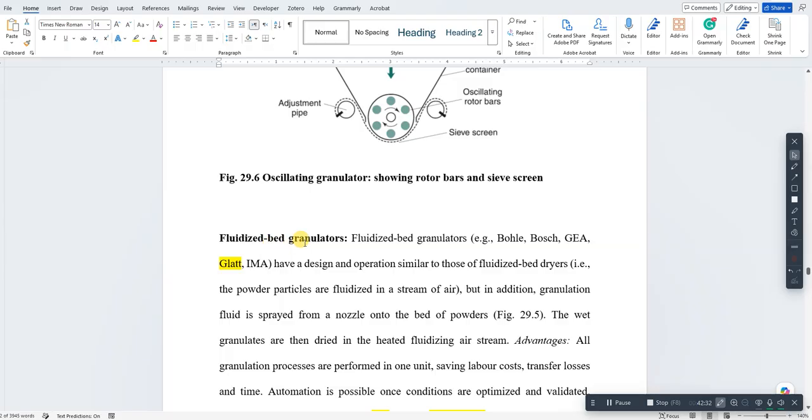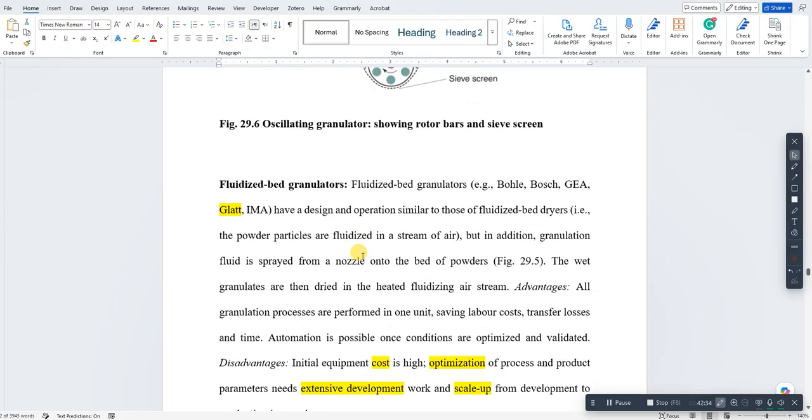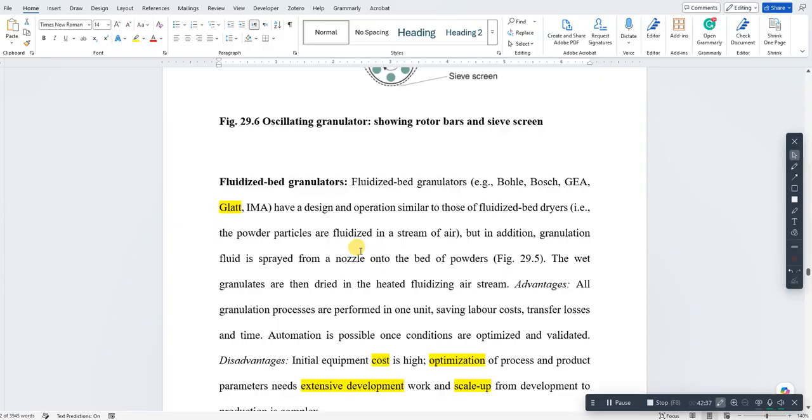We have also the fluidized bed granulator, and I think you saw that video in the first video. The nice thing about the fluid bed granulator is that everything is done with the same equipment: mixing, wetting, drying. The major disadvantages: it needs a lot of optimization.